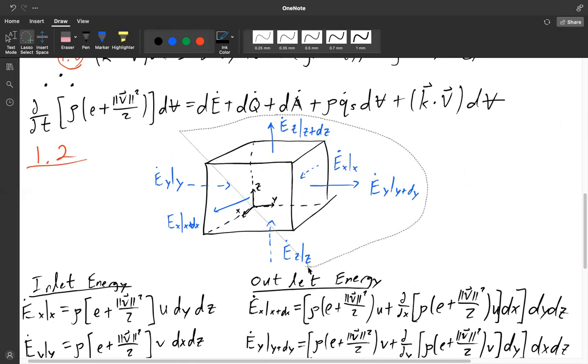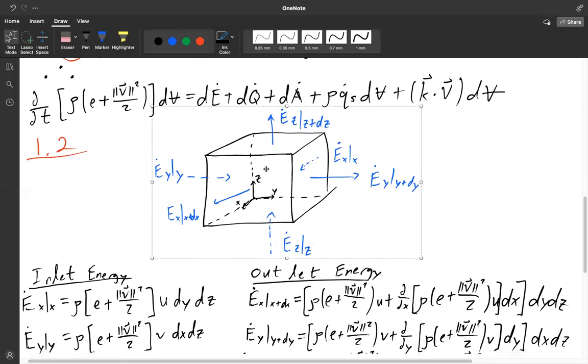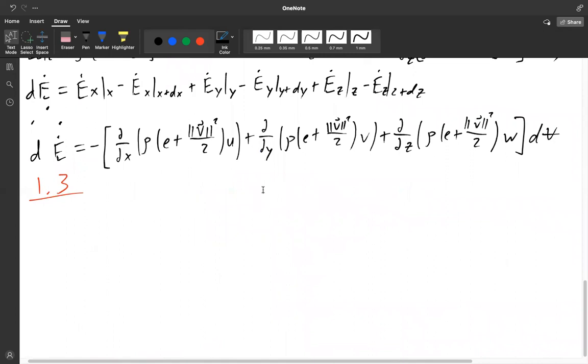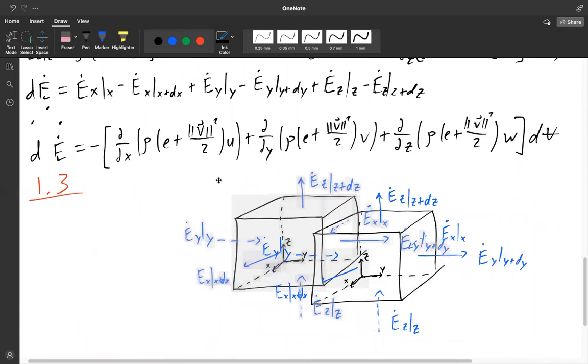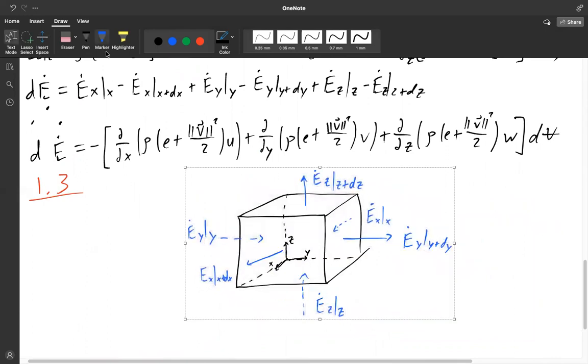I think we can copy and paste it, save some time. Perfect. Save some time, put this here, then we can get rid of the E terms.